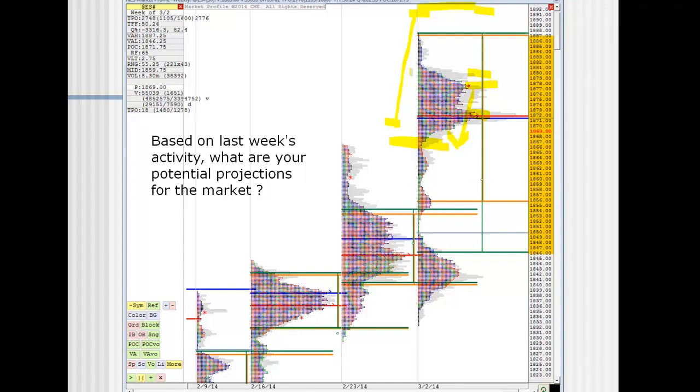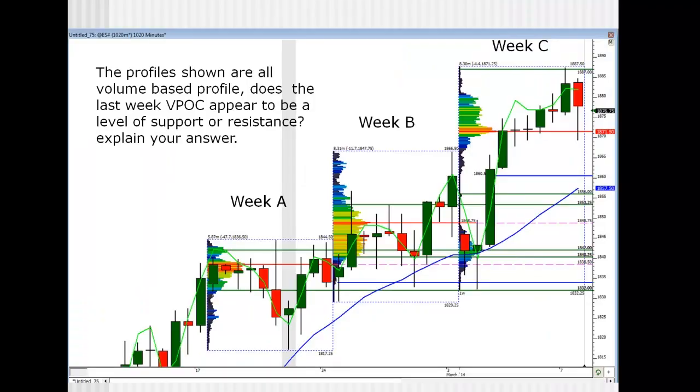The projection is based on the average true range for the week and what might happen if the market decides to go back and retest some of the levels that were established in that prior week. All right, we switched the slides and now we're looking at the market with our powerful analytical tool.